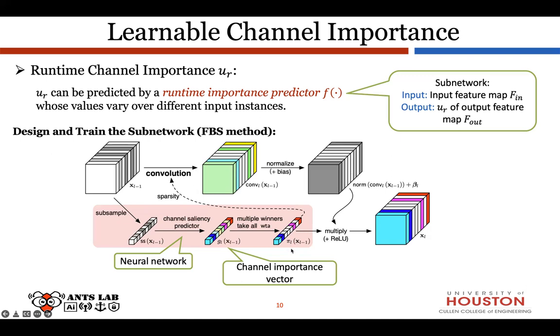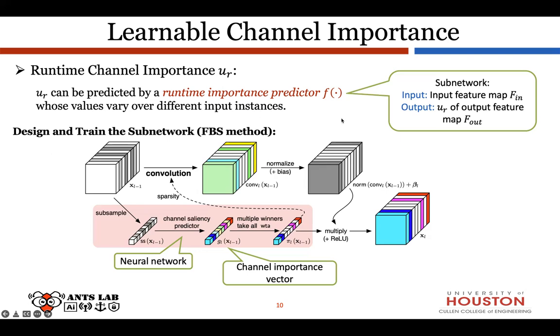From this paper, if the runtime importance is 0.9 or 0.8, it means this channel is very important, and we will have a higher probability to preserve that channel. We don't need to prune that channel. If the importance is, for example, 0.1, maybe we need to prune that channel.